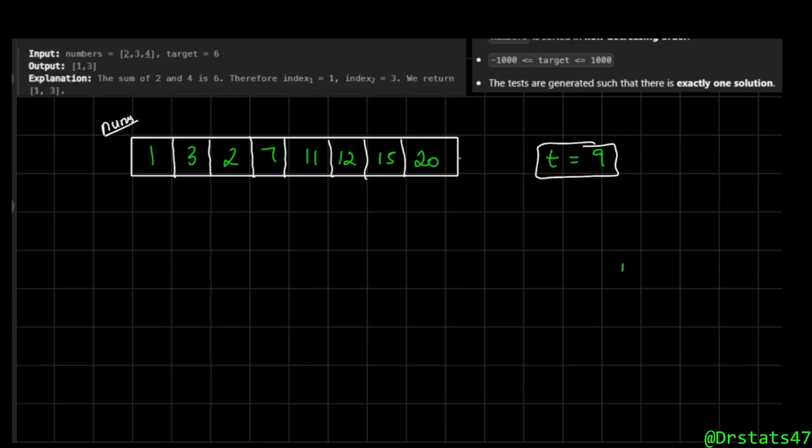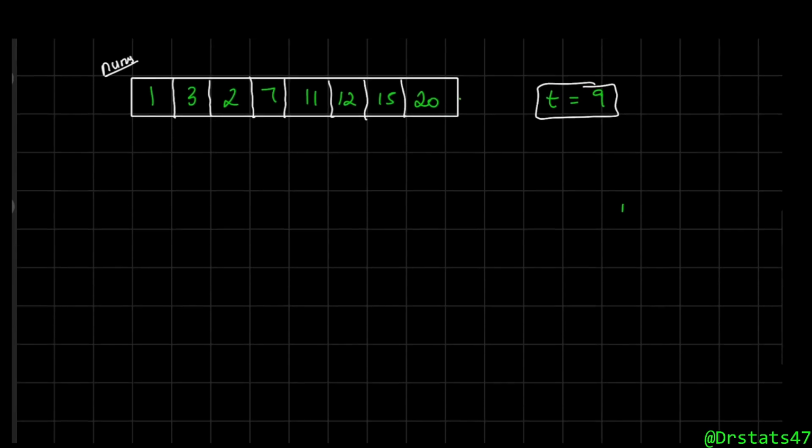As the question itself says, the array is already sorted. Or else, if the array was given unsorted, we would have to sort it first, then apply this optimal approach. It will take n log n if the array is unsorted.